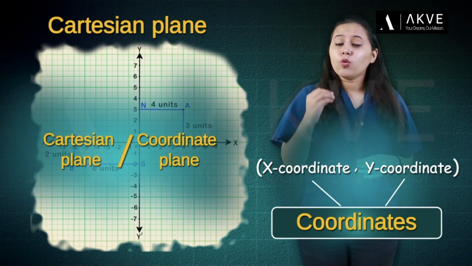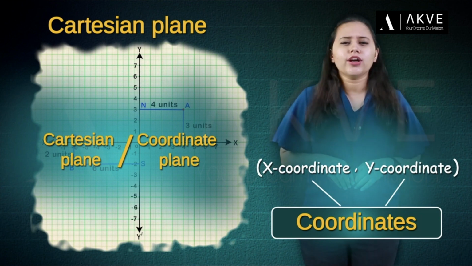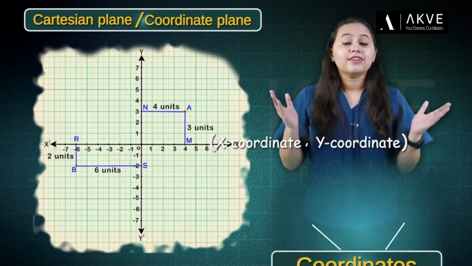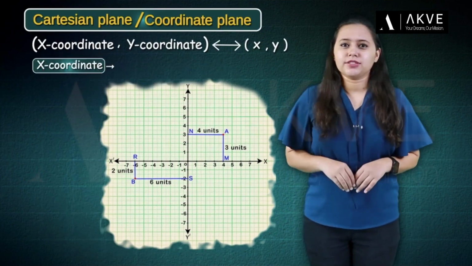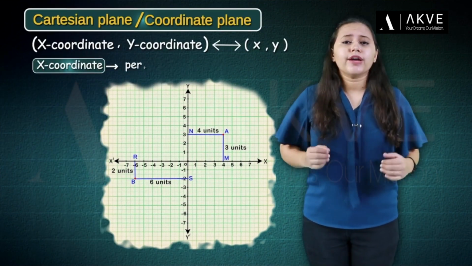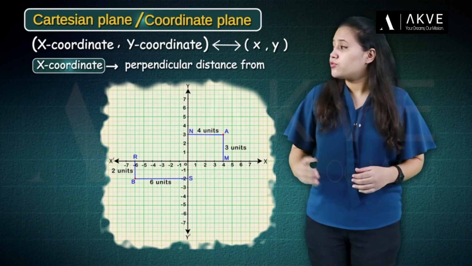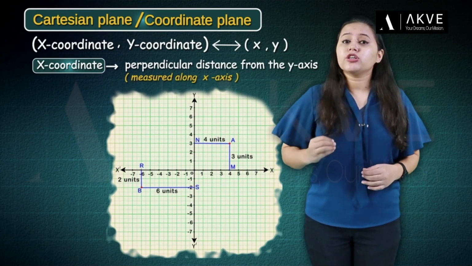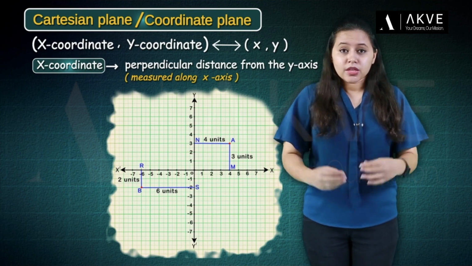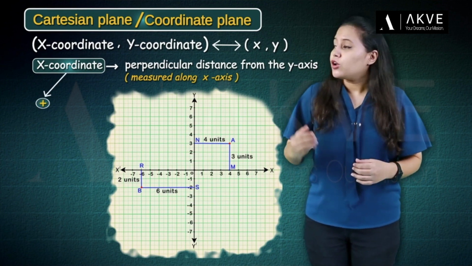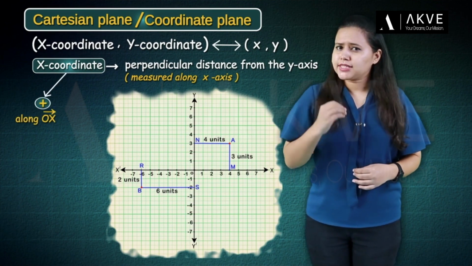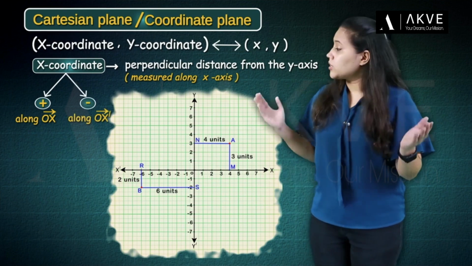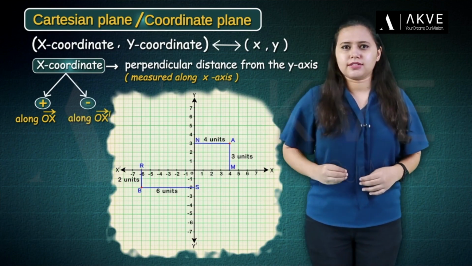Now let's see how we get the x and y coordinates of a point. Let's first discuss the x-coordinate. The x-coordinate of a point is its perpendicular distance from the y-axis measured along the x-axis. The coordinate will be positive along the positive direction of the x-axis and negative along the negative direction of the x-axis.